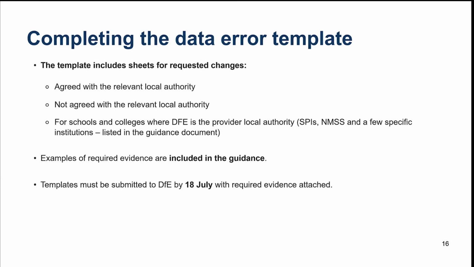So once you have all the evidence and know whether a change is agreed with the local authority, whether it's a not agreed change, or where DFE is the provider local authority, it's then on to completing the template. And these must be returned by the 18th of July. And the next slide.